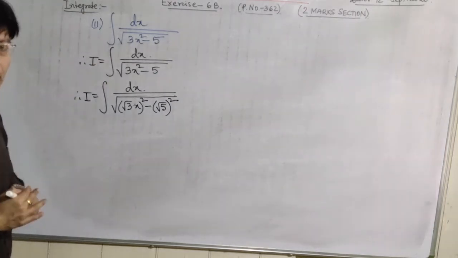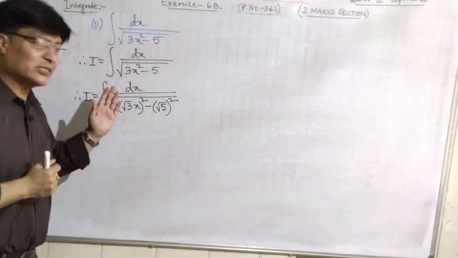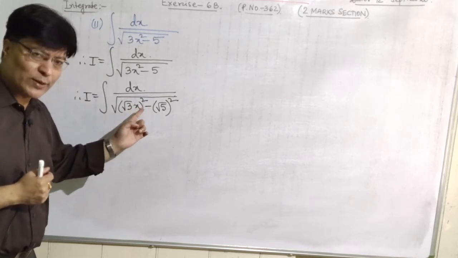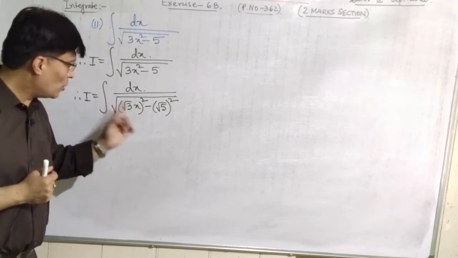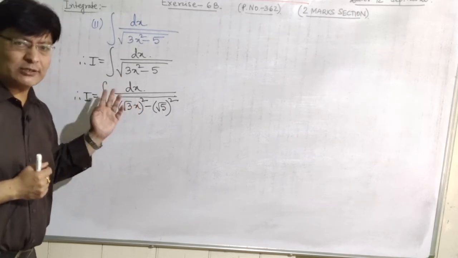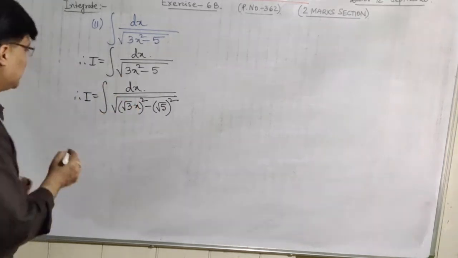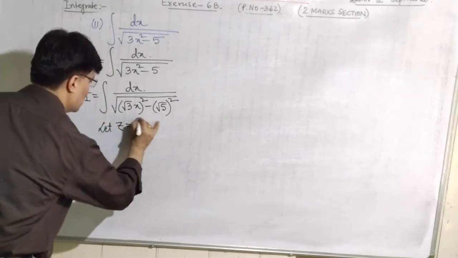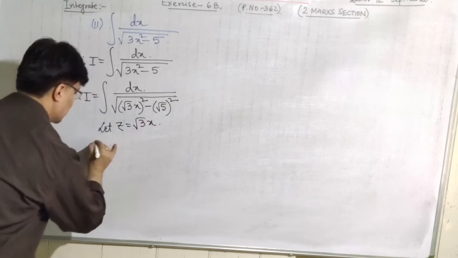Is that clear? But we cannot use the standard form in this case because before x within whole square there is root 3. Coefficient of x within whole square is root over 3. So let us assume it as z. So let z is equal to root over 3 into x.